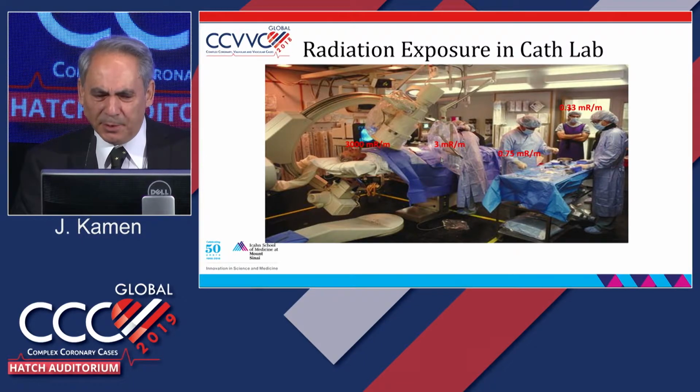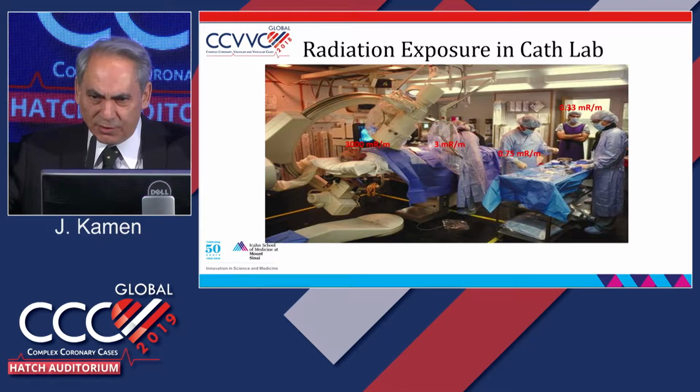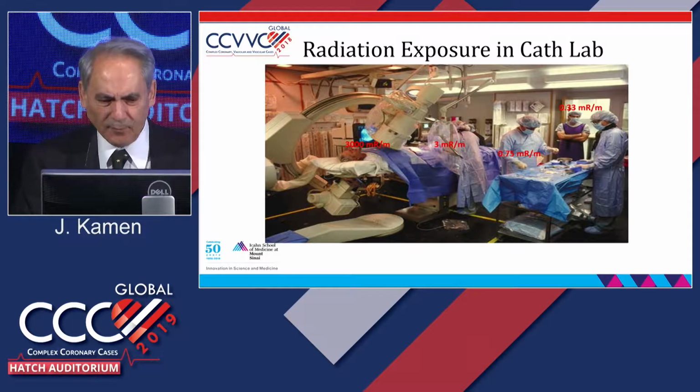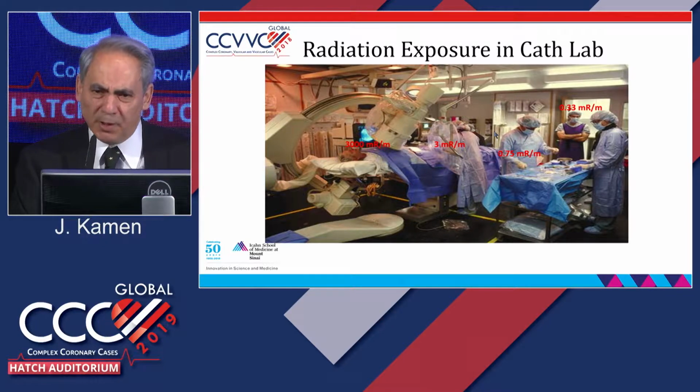At 1 meter it becomes 3 millirem per minute. So it's reduced by a factor of 1,000 at a distance of about 3 feet. At 6 feet, it will go to almost less than 1 millirem, and so on. So remember, distance is your best friend to reduce your exposure in a cath lab.